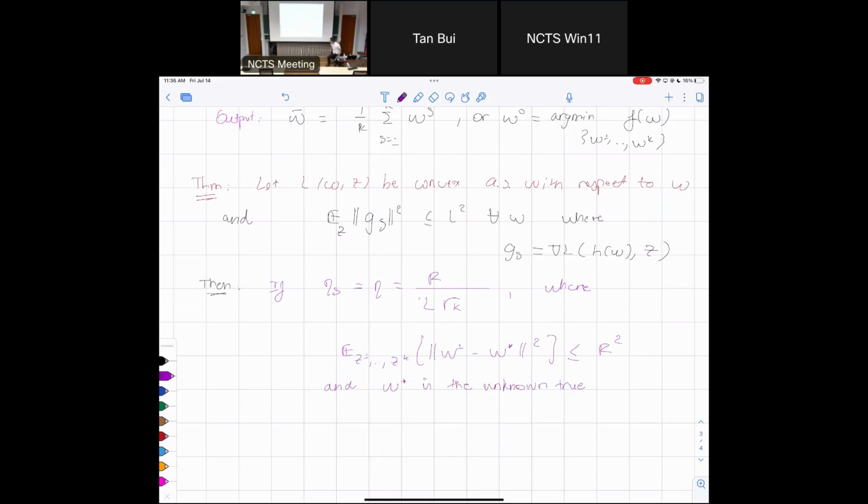So we assume that we take a fixed step. Remember that we run K iterations, and the step is R over L square root of K. L is from here. R, this is the initial guess.